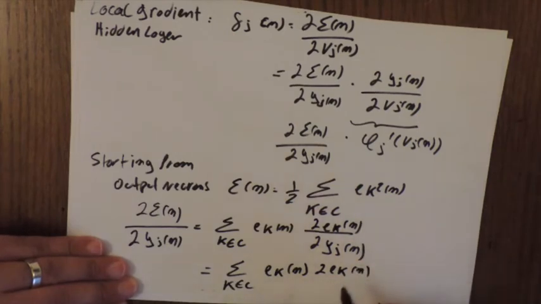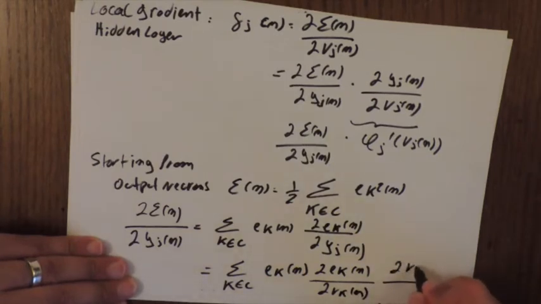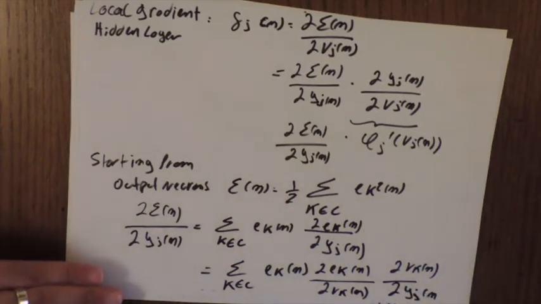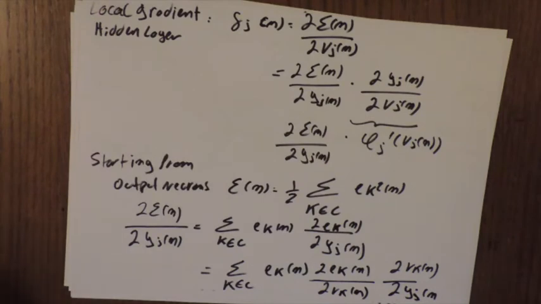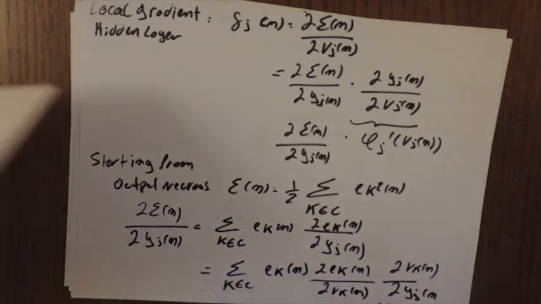So the error at the output layer depends on the induced field at the output layer, times the derivative of the induced field with respect to yj of n. Okay, so starting with this formula, we can go as follows.